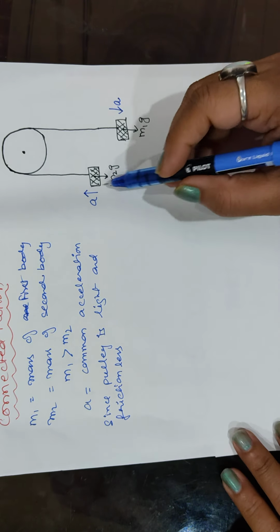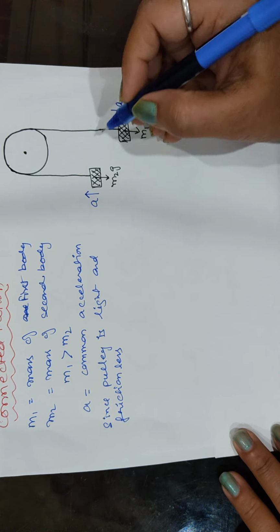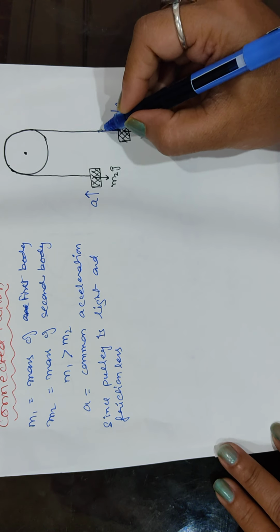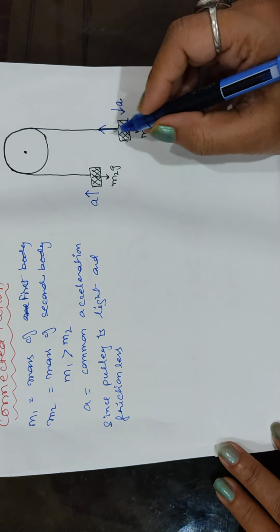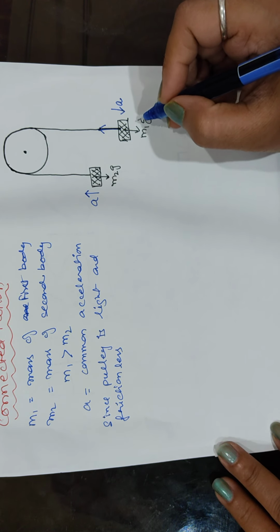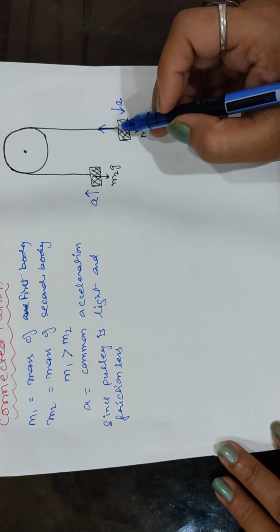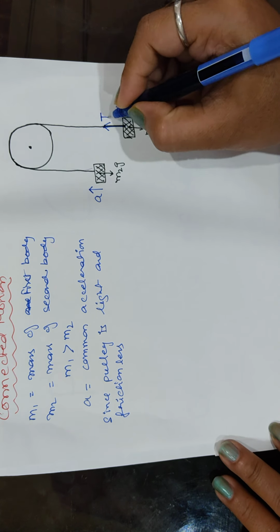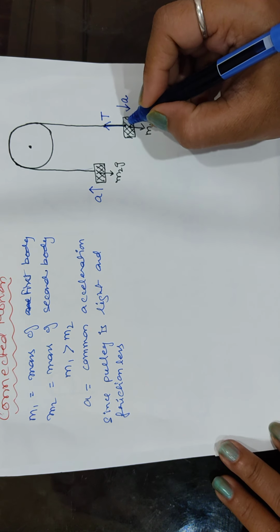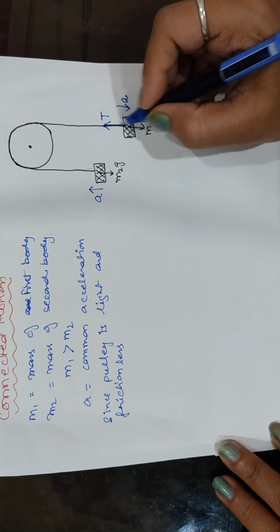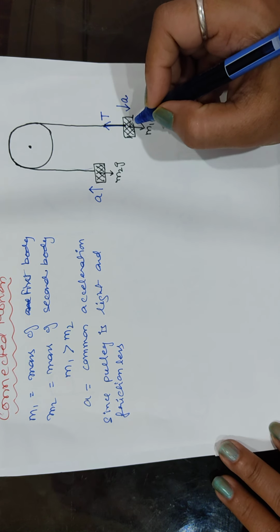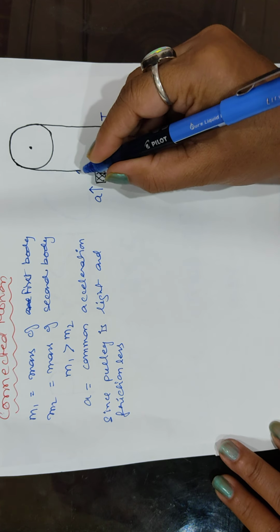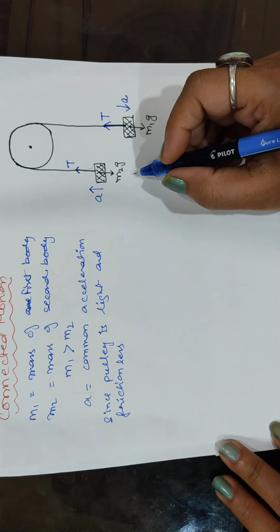Now due to the weight mg, there is a balance force, which we have seen in the previous derivation, a normal reaction R which balances the force mg. But in this case, since they are connected with the rope, that R is replaced by the tension. The tension is the force which is acting in upward direction along the rope. Same tension, since they both are connected with the same pulley, equal tension will be acting for the mass m2.